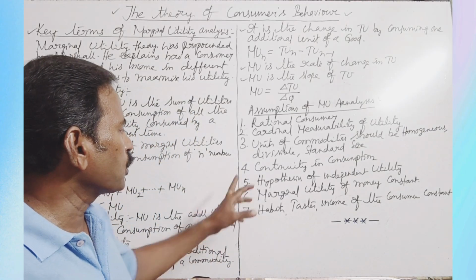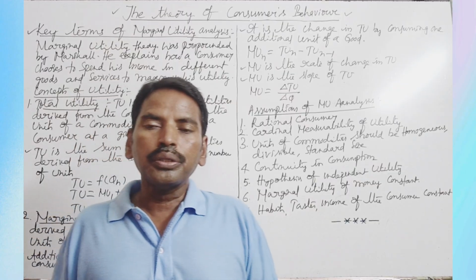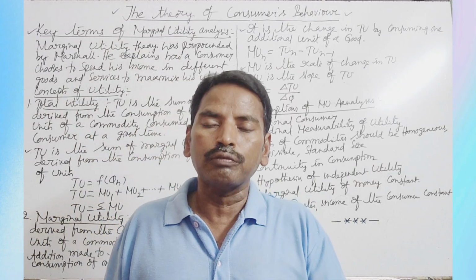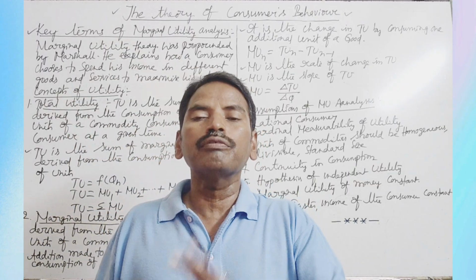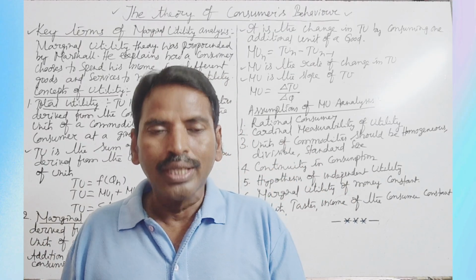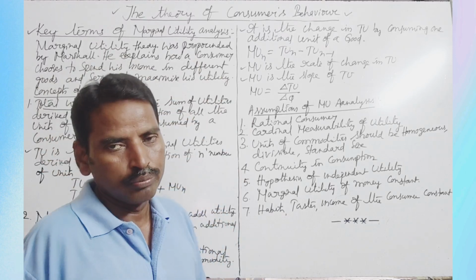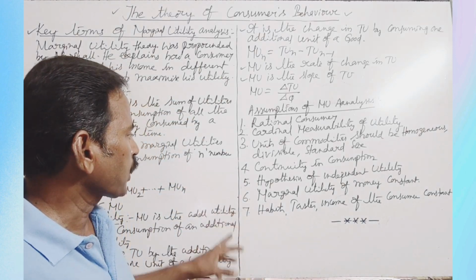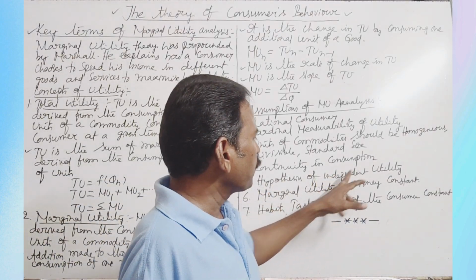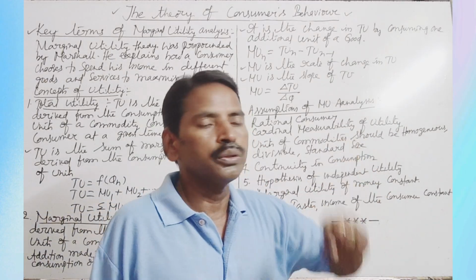Fourth one, continuity in consumption. There is continuity in the consumption of one unit of commodity to another unit, with no time lag between them. No time gap. Next, hypothesis of independent utility.